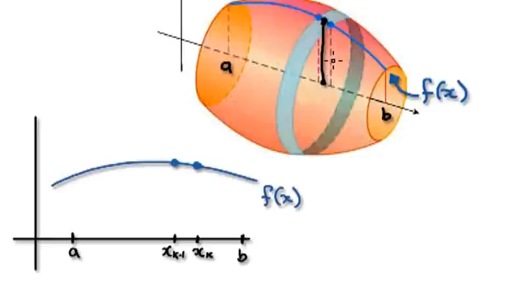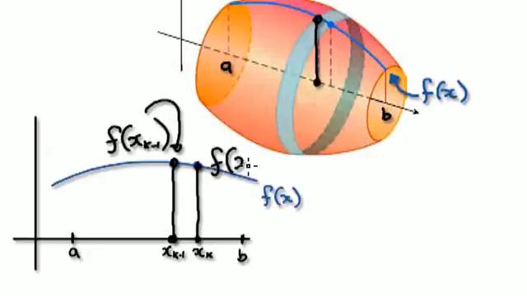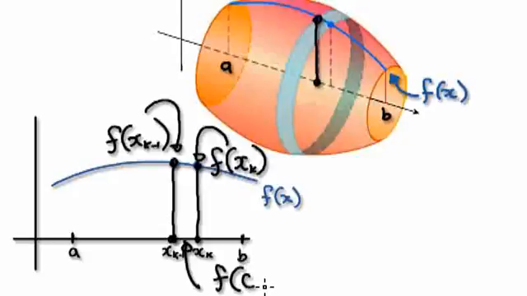So the radius here is really f. Well, this radius here is f of x k minus 1. The radius here is f of x k. We want to use the average of the two, so we are going to use f of c.